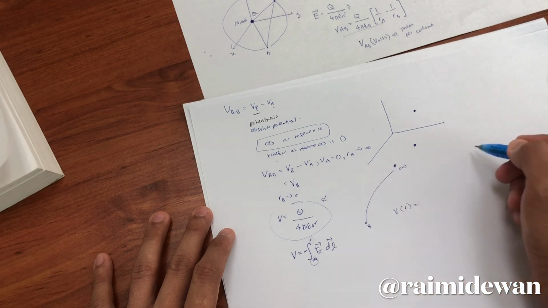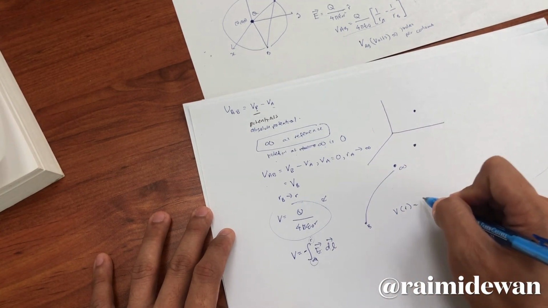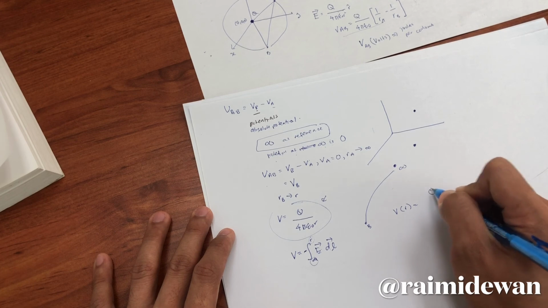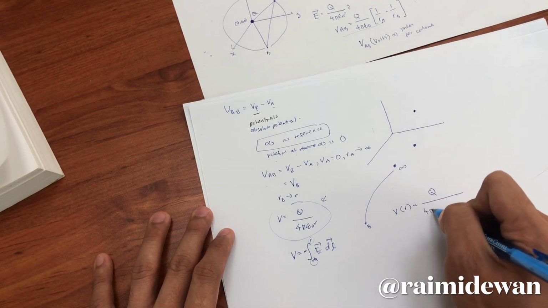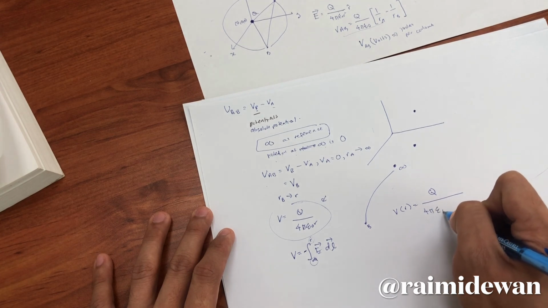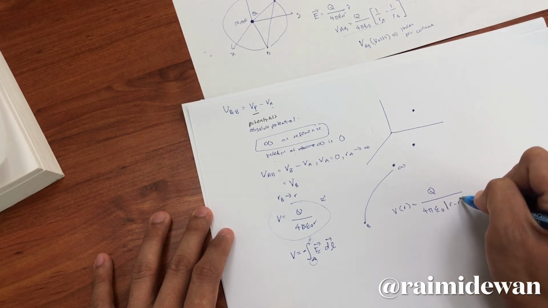This is the standard one: if we have the point charge at any location, further expanding it, you will have 4 pi epsilon naught, in magnitude, r minus r prime.